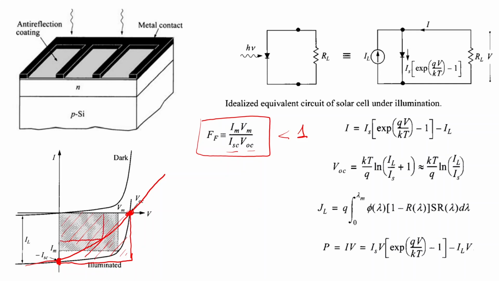This area is much smaller because VM is much smaller and IM is also much smaller. So just this fact that the fill factor is much smaller will tell us that this device is actually not good, regardless that we have high short circuit current and high VOC.